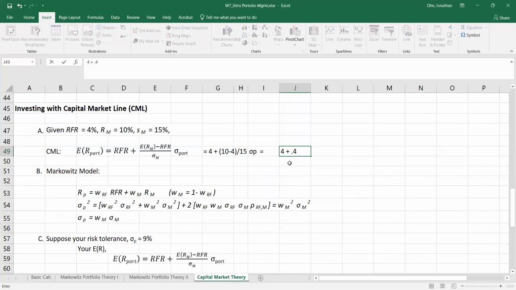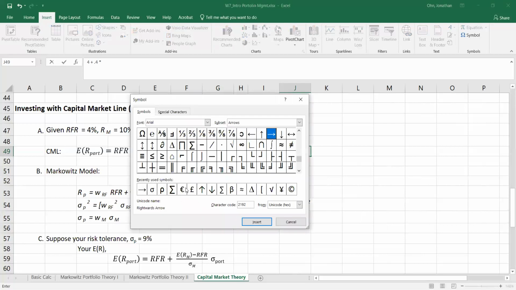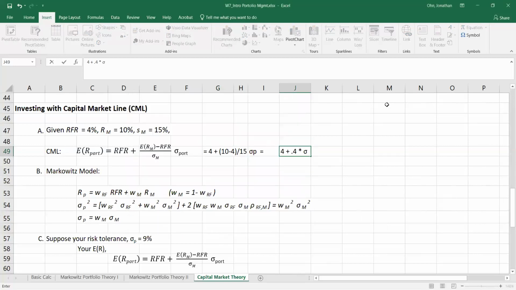Right? 0.4 times sigma. That is the capital market line, right?